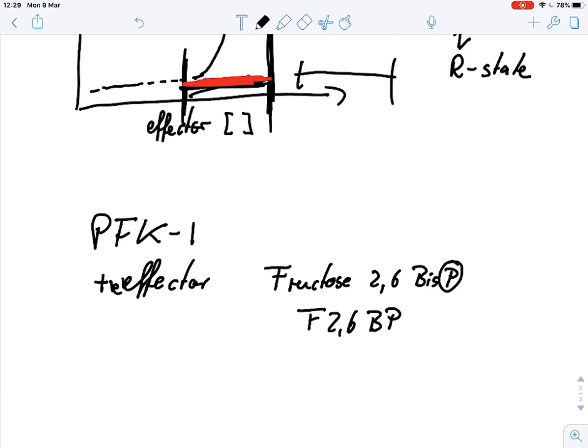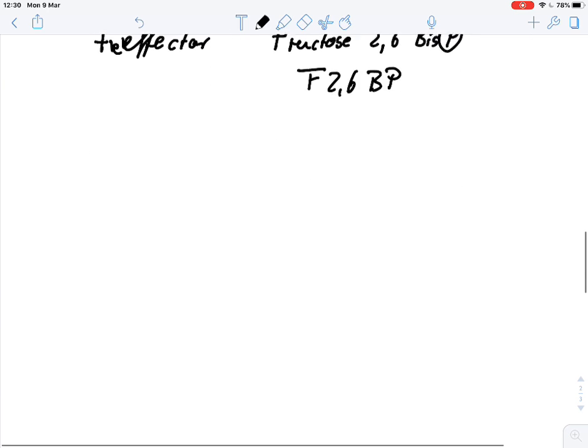Fructose 2,6-bisphosphate binds to phosphofructokinase 1 and activates it. It basically gives it a kick in the backside and says, mate, do something. And only when fructose 2,6-bisphosphate is present in the cell can it activate PFK1 and glycolysis will happen at a reasonable speed. Only then. So where do we get this activator from?